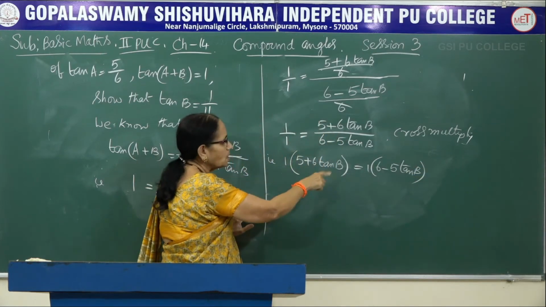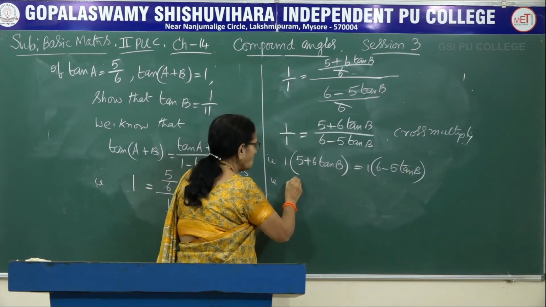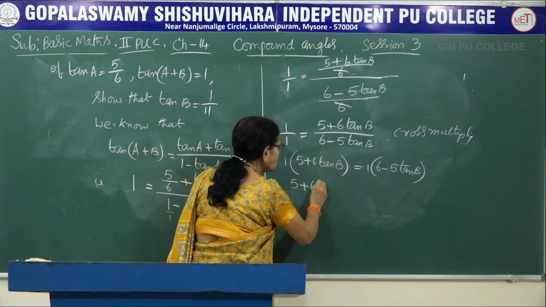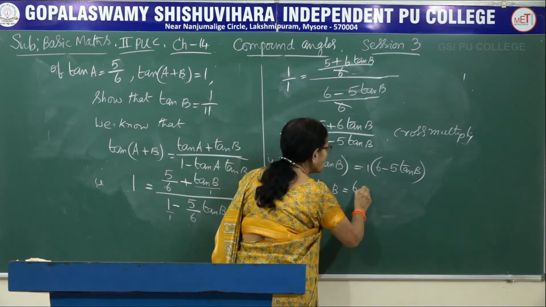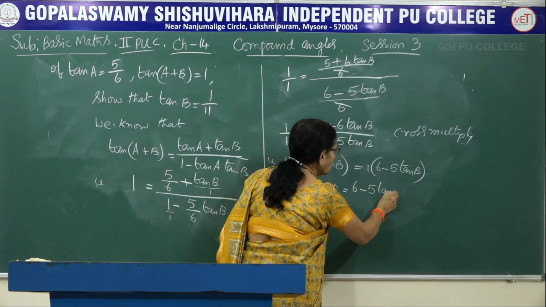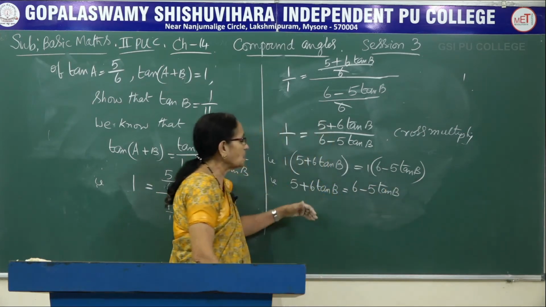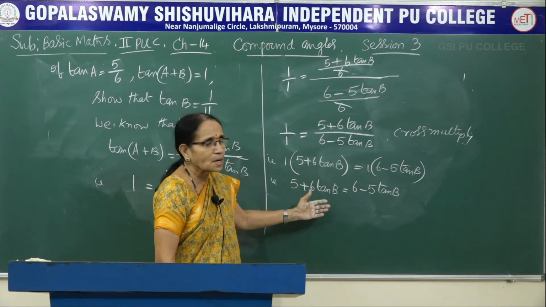Okay. Now 1 into anything is the same thing. That would be 5 plus 6 tan B on one side, right hand side 6 minus 5 tan B. Now tan B is present on left hand side as well as the right hand side.